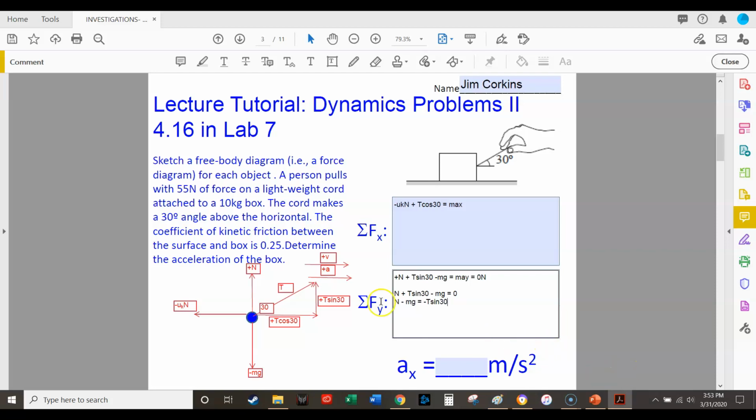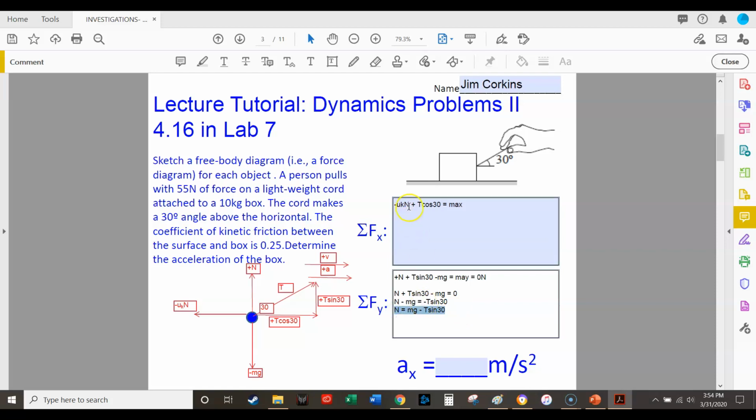Okay, and so now we need to add mg to both sides. So we're going to do that now. Going to add mg to both sides. And so on the left side, we'll just have the normal force left over. Then we'll have our mg minus t sine of 30 degrees. And that is what our normal force is equal to.